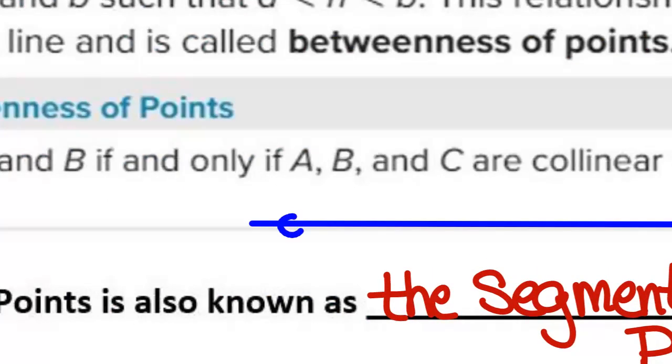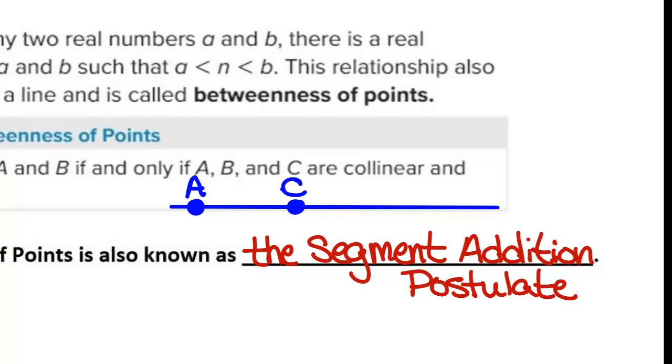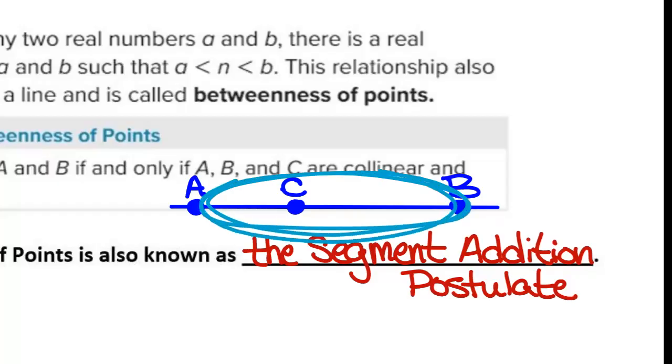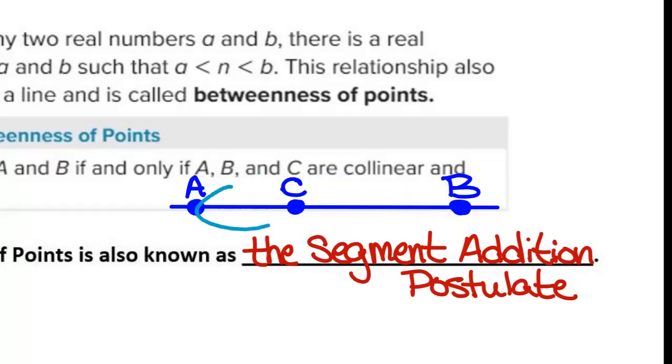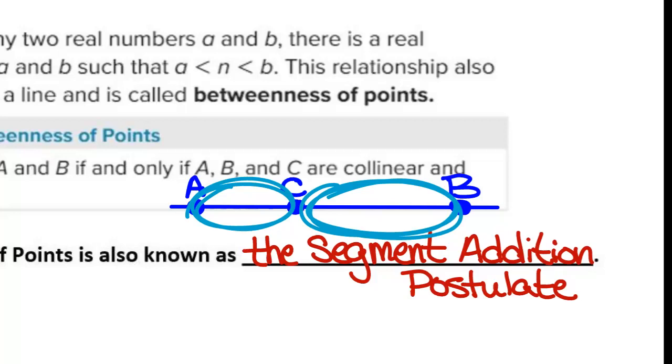And we're going to put some points on this line segment. So I'm going to call this point A. I'm going to call this point C. And down here, I'm going to call this point B. The segment addition postulate says if I have 3 points that are all on the same line together, I take my big line segment, this one right here, and I can break it into 2 smaller pieces, 2 segments that are side by side.